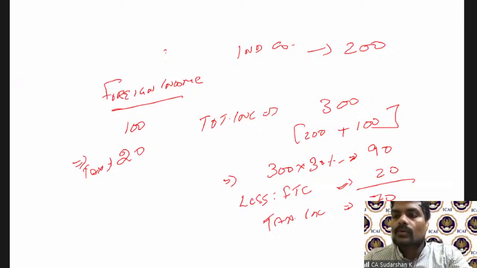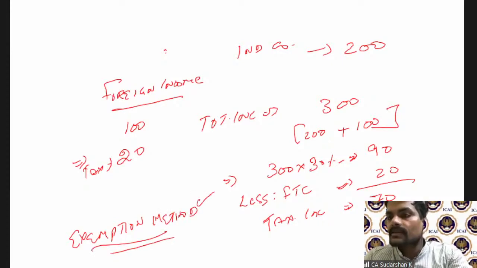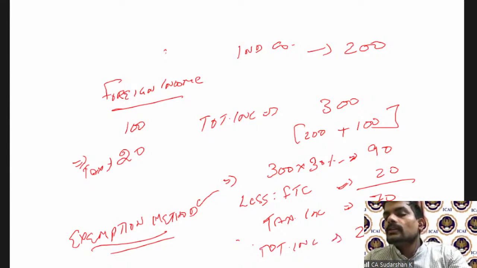Now, what happens in an exemption method? If the bilateral tax treaty has this exemption method, then in India, your total income will only be 200. So tax will have to be borne only on 200. 200 into 30% works out to 60.